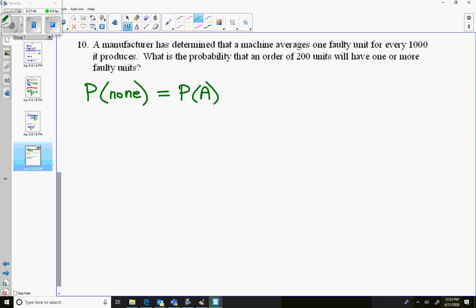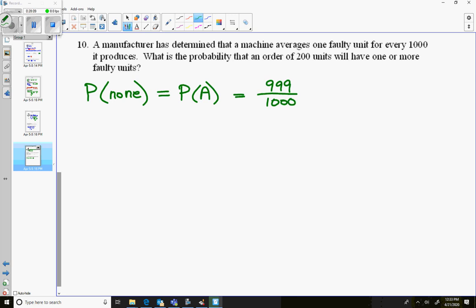Well, what's the probability that the first one is not faulty? Because we're saying none, not faulty. Well, if 1 is faulty out of every 1,000, that means not faulty would be 999 out of 1,000.